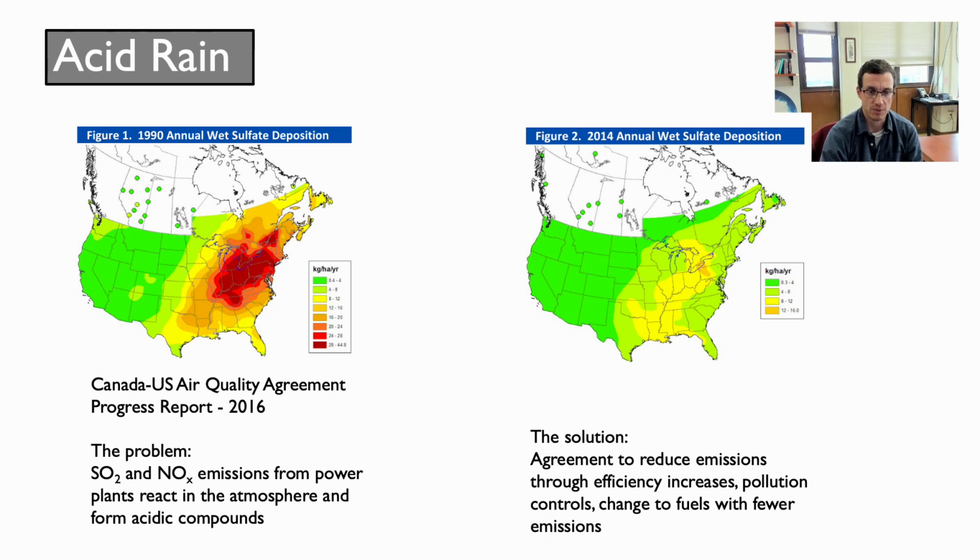Overall, the agreement has really reduced these emissions. This has been through a mix of increases in efficiency, pollution controls, and change in fuels. And so this, again, is an example. It's not the whole globe, just two countries, but where we've had emissions of something that was causing harm, and we dealt with it.